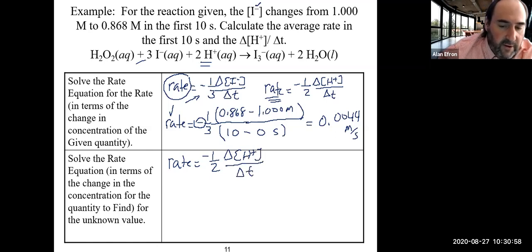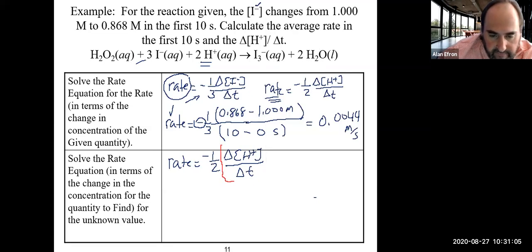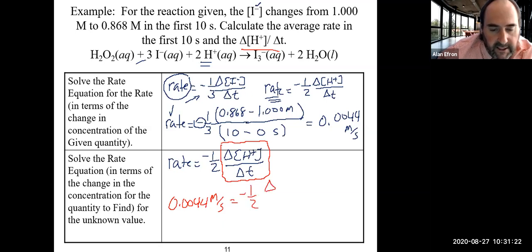Ultimately, what we are trying to solve for, like it shows in the problem, is essentially this guy, right? The change in concentration over the change in time, which means that we need to take our 0.0044 molar per second, which will equal minus 1 over 2, the change in the concentration of H plus over the change in time. Now, this is the part where most people mess up. They multiply when they should divide, divide when they should multiply.